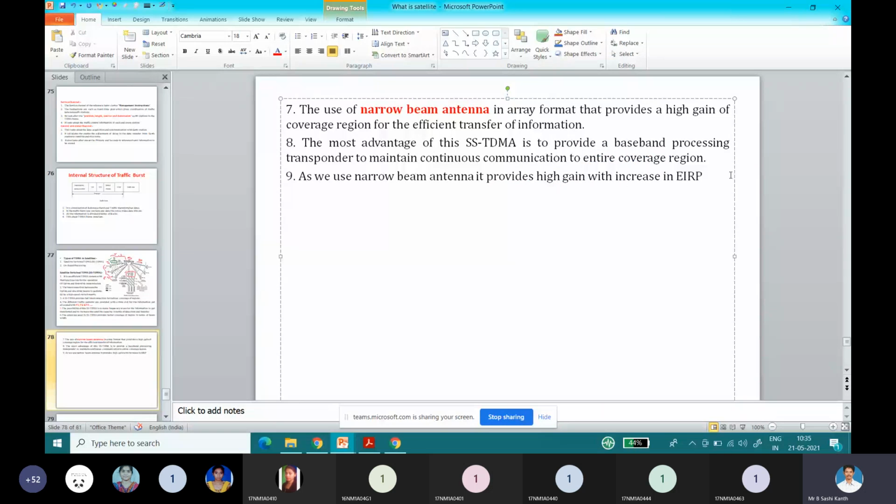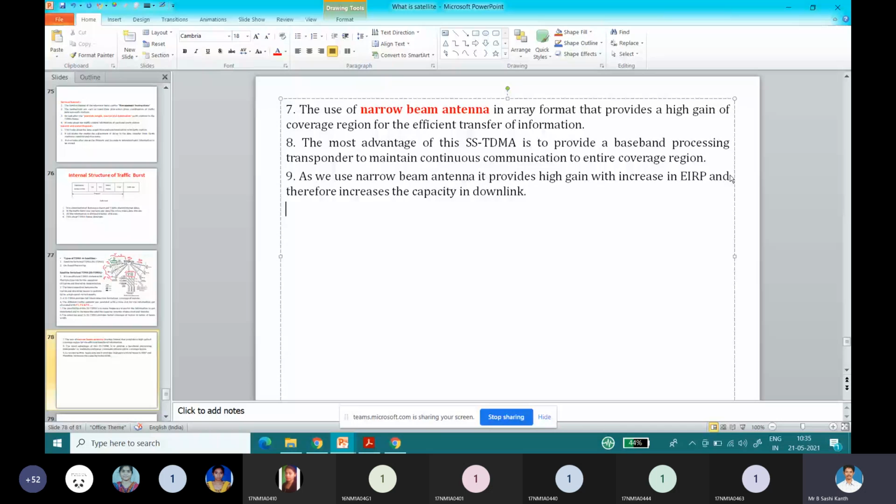EIRP is nothing but effective isotropic radiated power, and therefore it increases the capacity in the downlink.